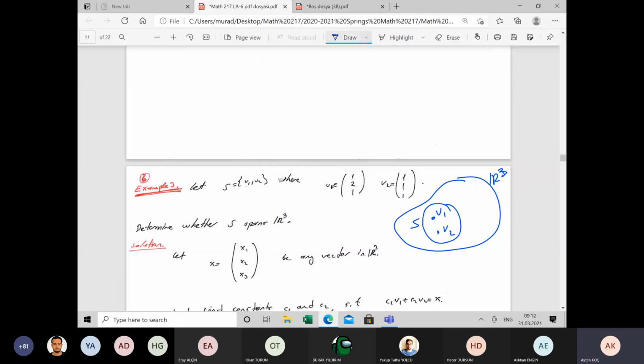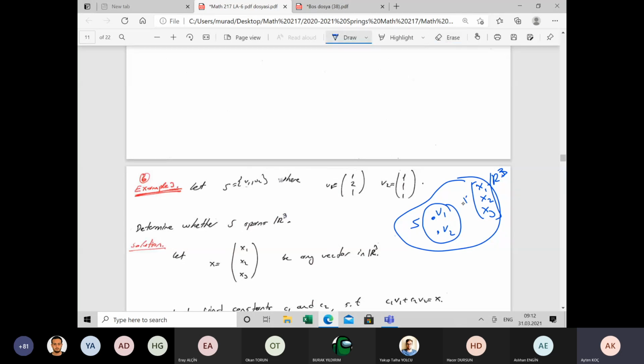Take the arbitrary vector here, not fixed. Any vector can be written in this form, x1, because in R cube every vector contains three components, x1 the first component, x2, x3. It's okay? Check this vector, vector x.